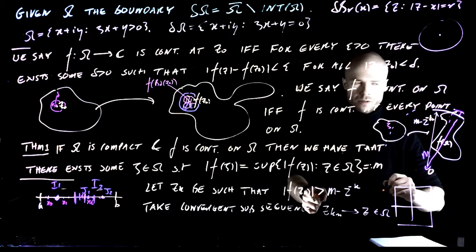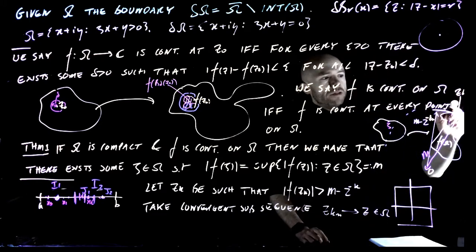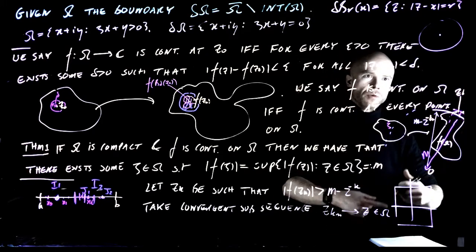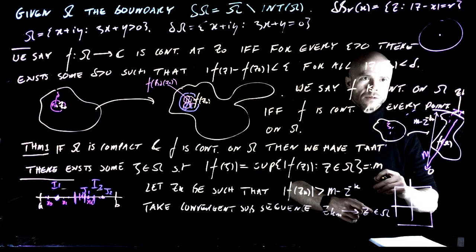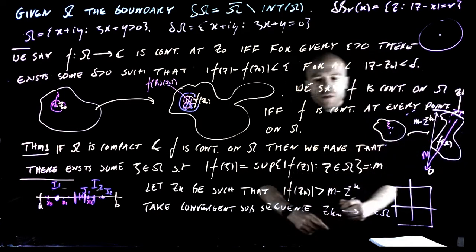That's the definition. So this guy would be our zkn. And this sequence of points is converging somewhere, and it has to actually be here on the boundary of the ball of radius m around 0, because there's nowhere else. It's being forced outwards, and it's converging to some point.